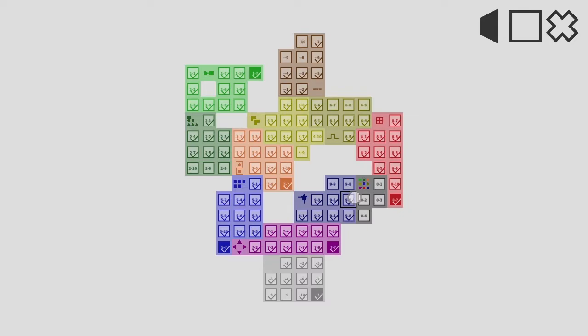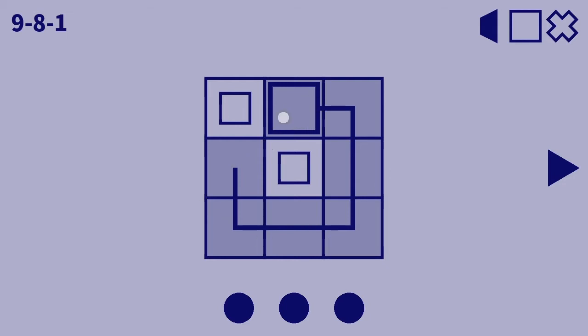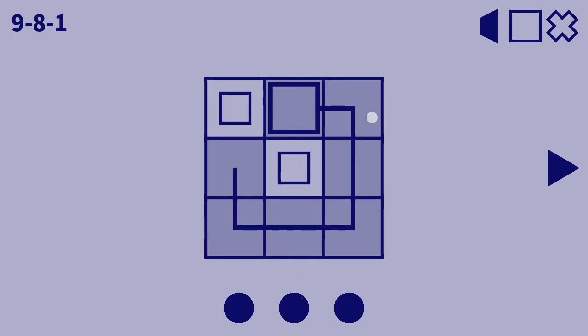Alright, so 9, 8, I guess. Okay. Could still be to do with... Well, one of them's going to be don't go through squares, the first one. Yeah. And then corners.